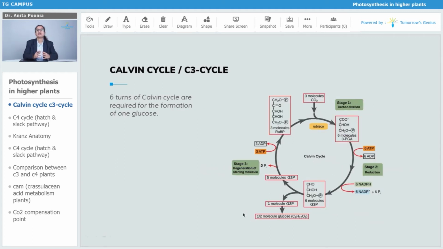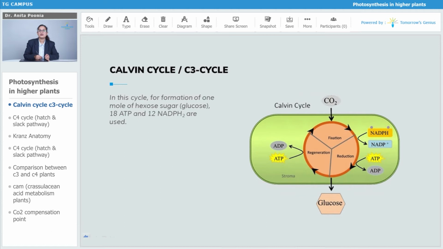Now 6 turns of the Calvin cycle are required for the formation of one glucose molecule. You know that a glucose molecule has 6 carbons, right? So 6 turns of the cycle are required for one glucose, meaning every cycle yields 1 carbon.